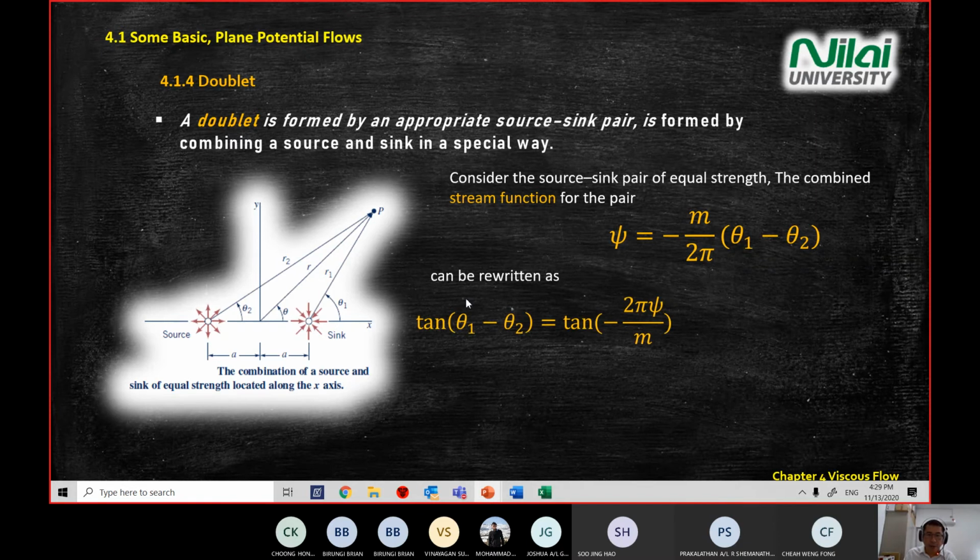Then you can rewrite your equation using a trigonometry relationship. When you have tan of one angle minus another angle, you can write your equation in this form.